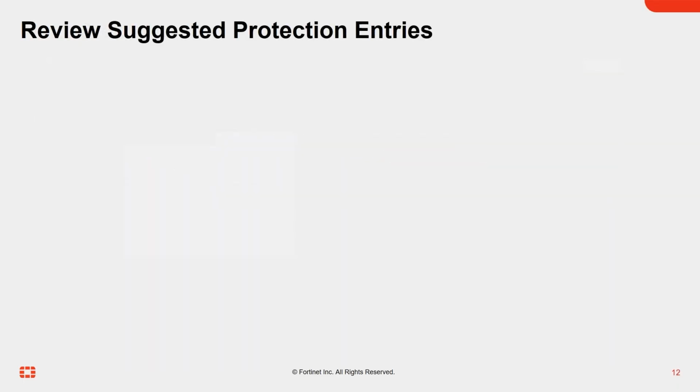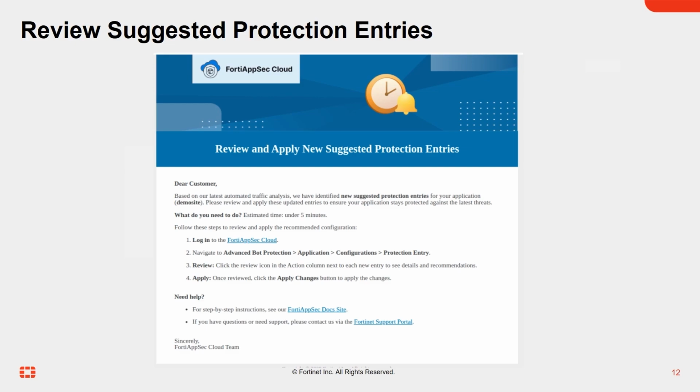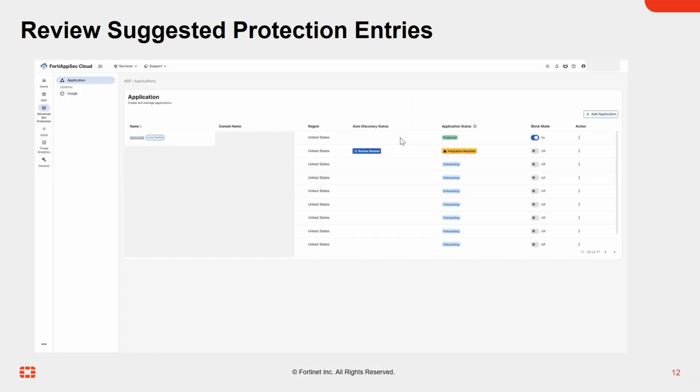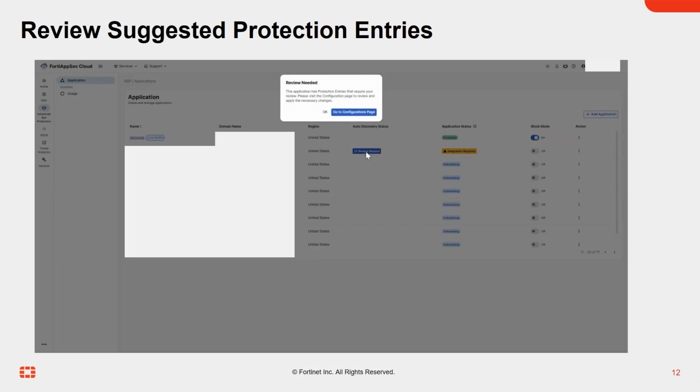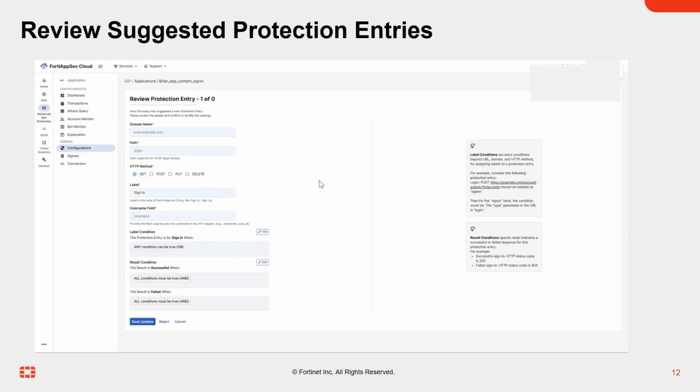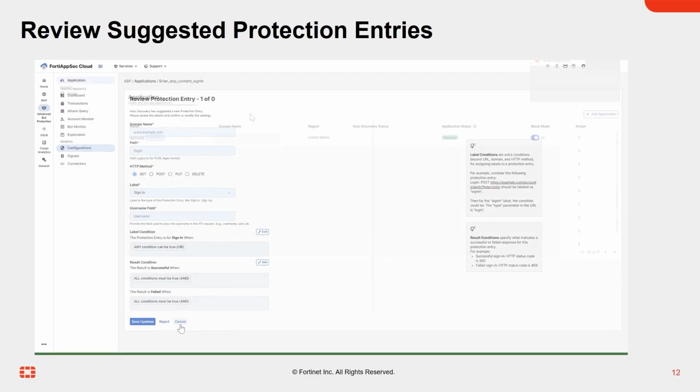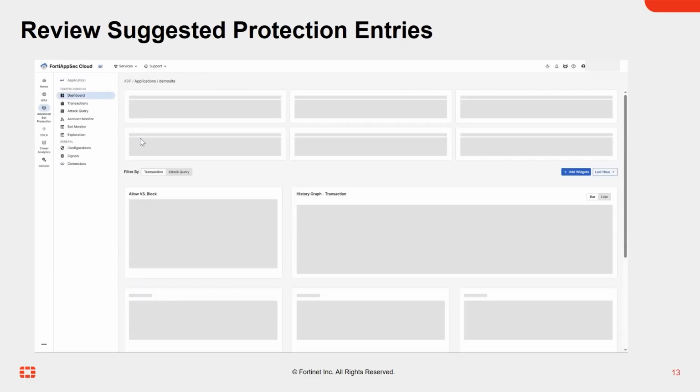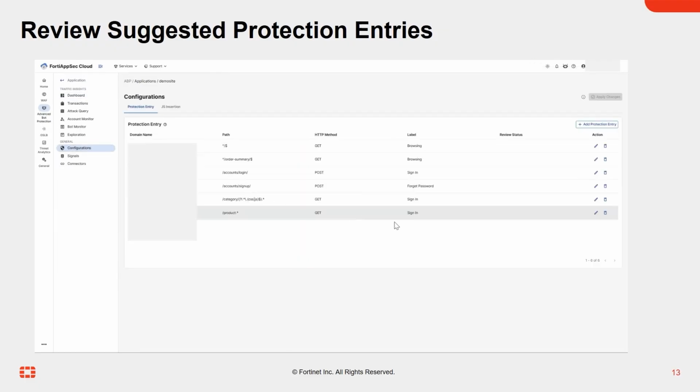When auto-discovery is complete, you will receive an email notification. If auto-discovery has found suggested protection entries, you can review them by clicking Review Needed under the auto-discovery status. You can also see all suggested protection entries by clicking into the application's name and navigating to the Configurations page.